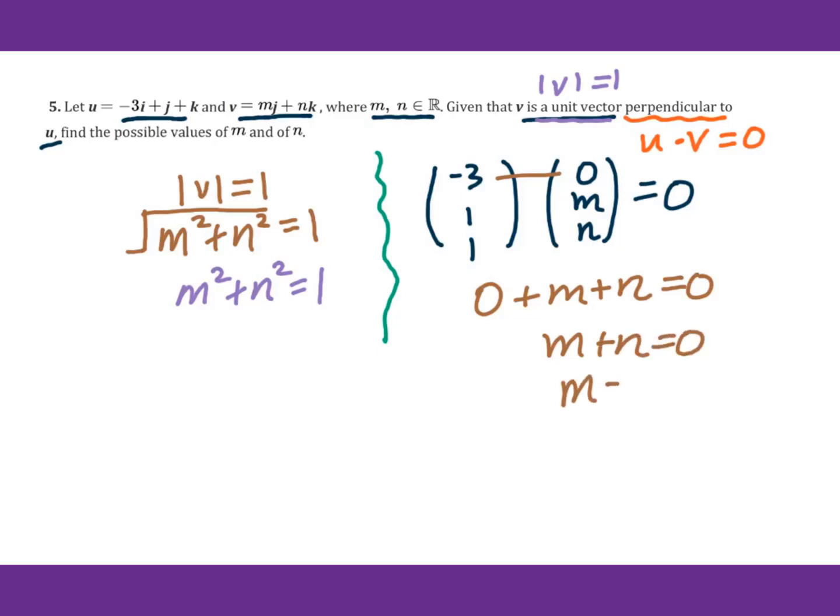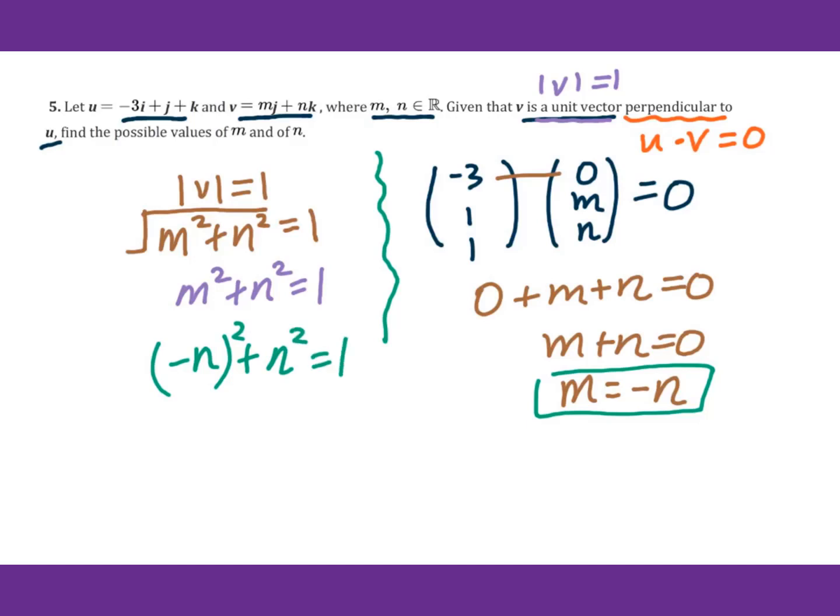You get M equals negative N. So that we can plug in here. M, I can write negative N squared plus N squared equals 1.